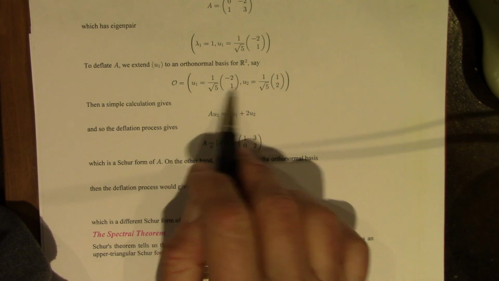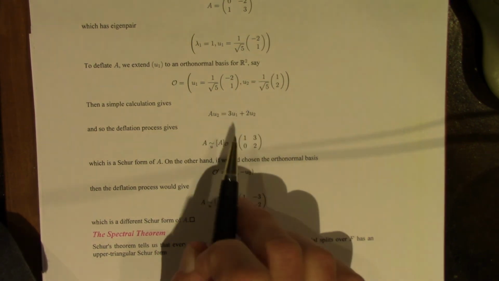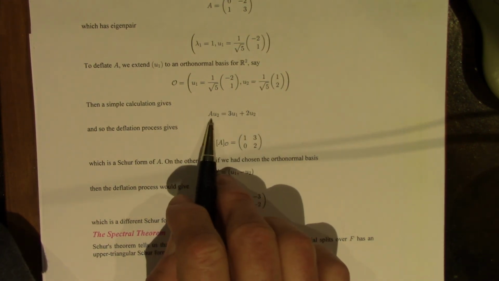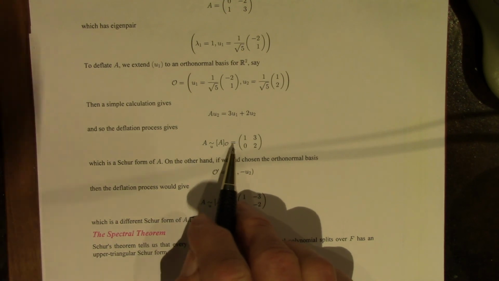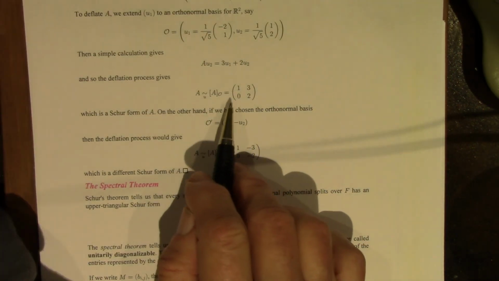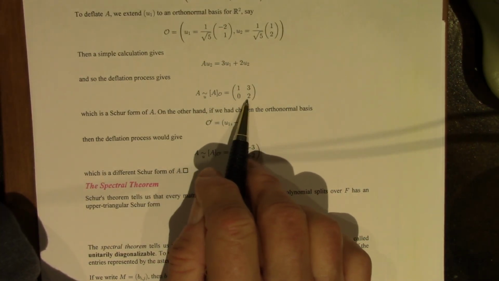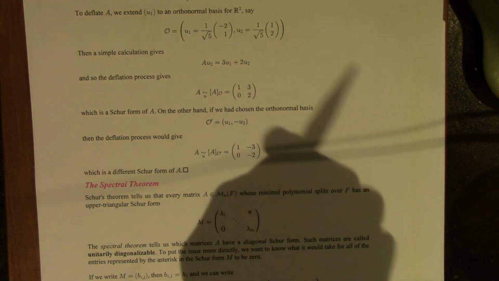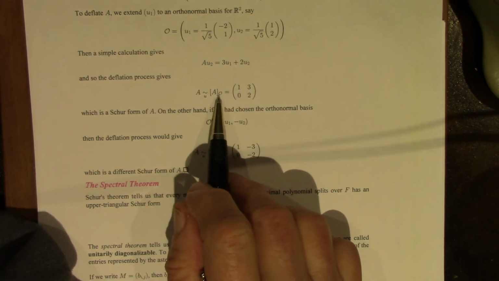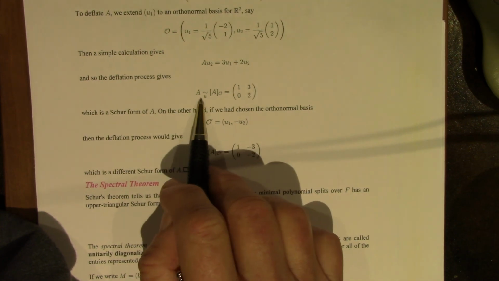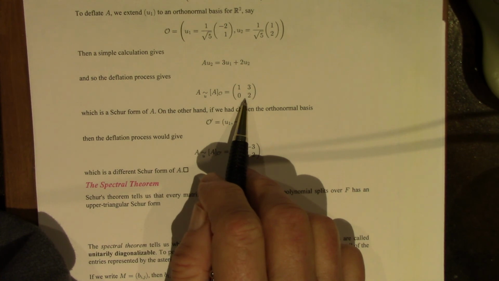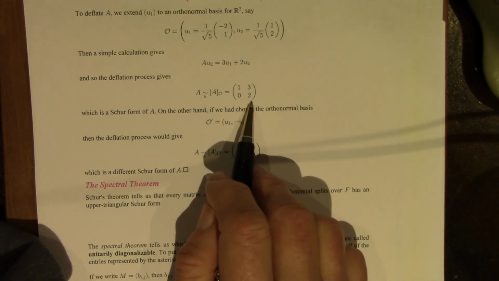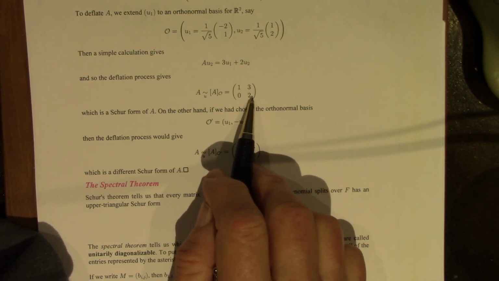Easy enough to see that these are orthogonal. And the value of A on U2 is given by this formula. So the deflation is this matrix here. It's the matrix representation of A under this orthonormal basis. So this is a Schur form of the matrix A.